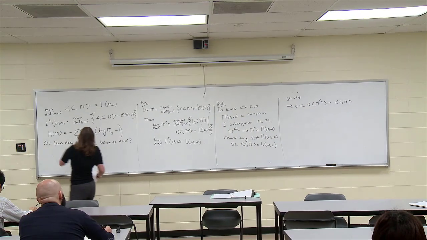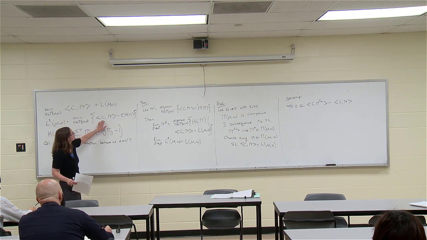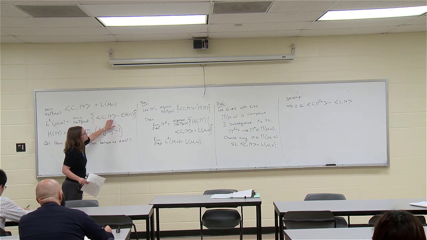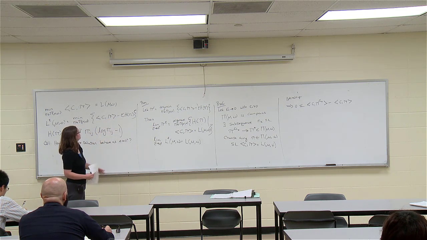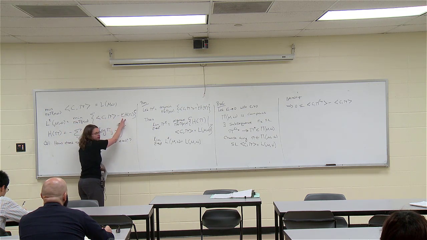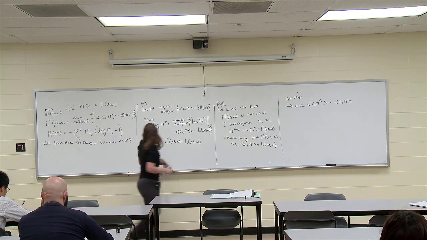Okay, so I can use that, and then again I'm going to use what I have here, that C dotted with pi epsilon is going to be less than or equal to C pi minus H pi plus H of pi epsilon, right? Just rearranging this condition a little bit.